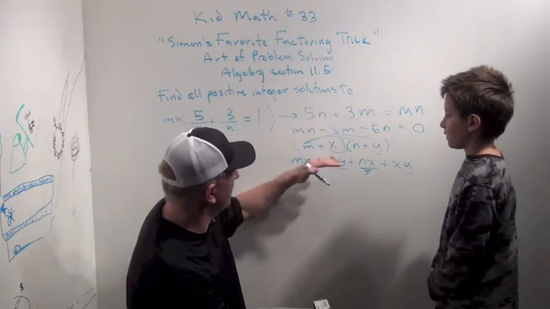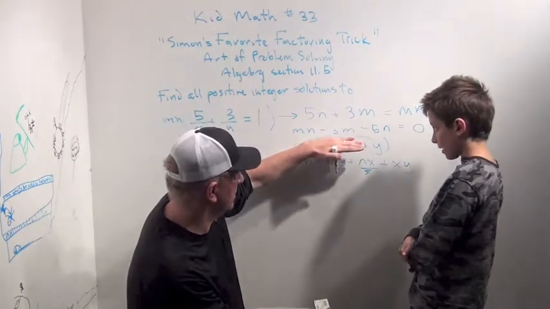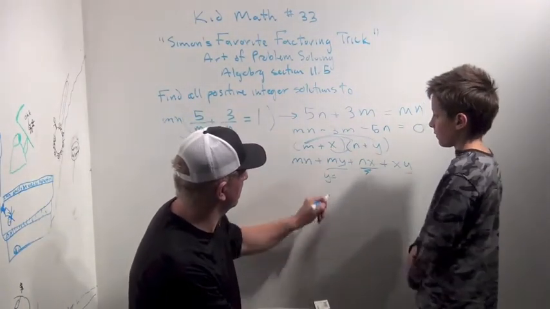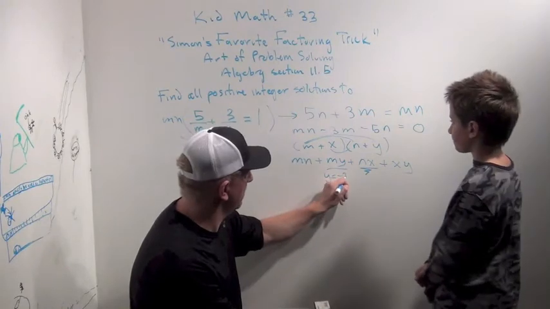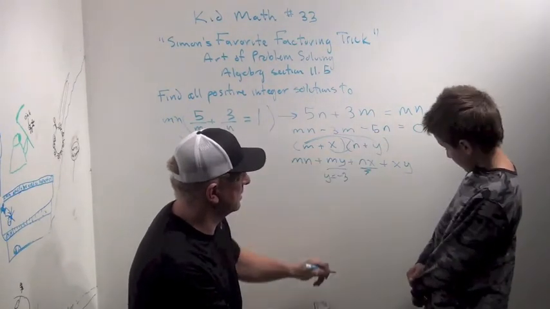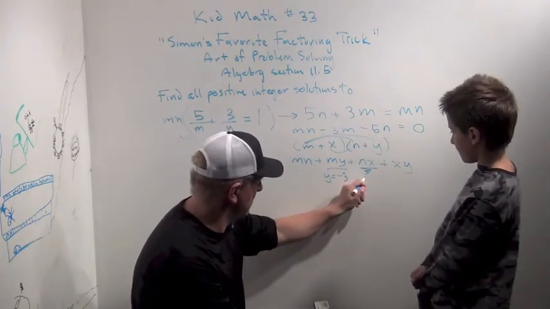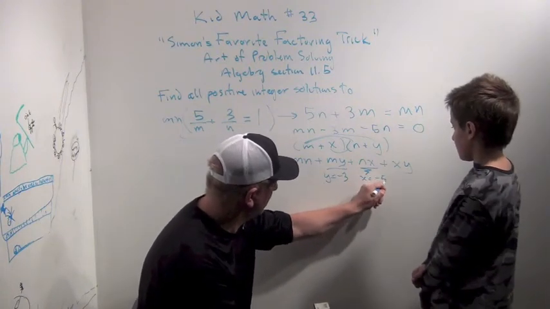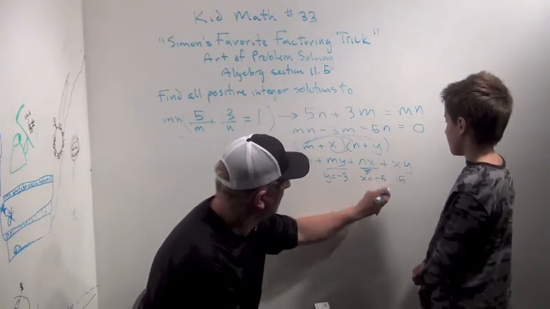Now, do I have a constant times m up here? Yes. So what does that mean y equals? Y equals minus 3. And do I have a constant times n? Yes. Minus 5. So x is minus 5, and minus 3 times minus 5 is 15.